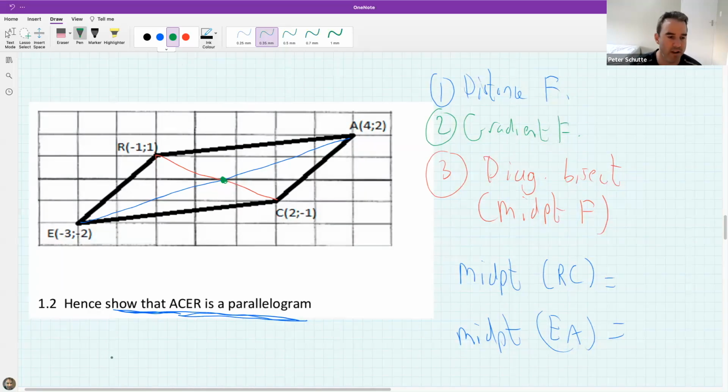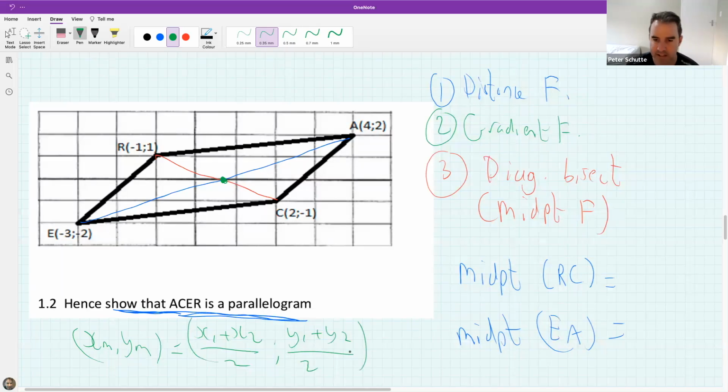For those who are a little bit rusty on the midpoint formula, I'll put it here. Find me the midpoints of each diagonal. And let's see what we get, and then we'll have a discussion.